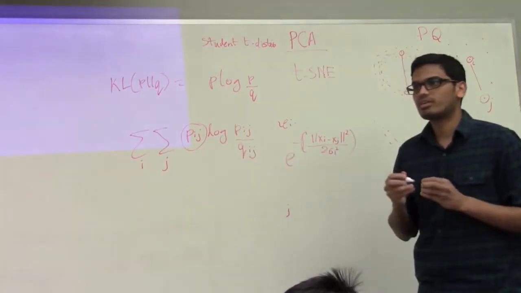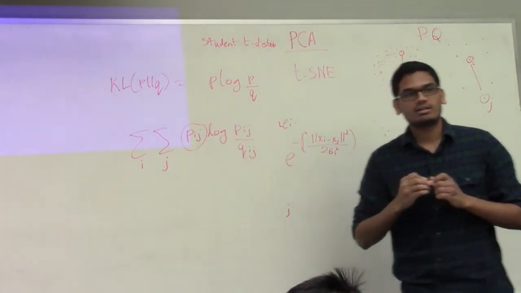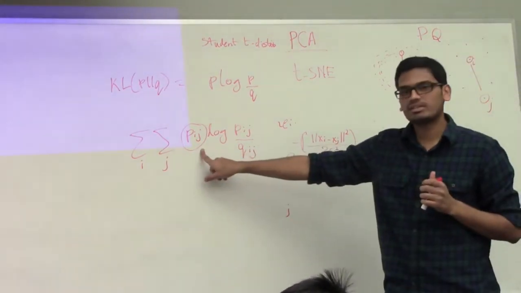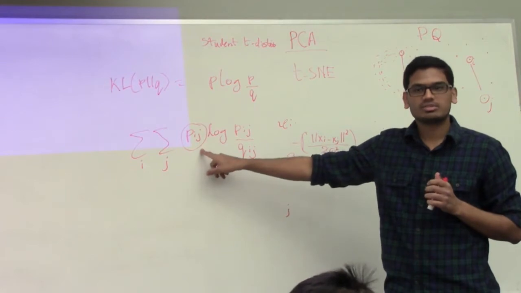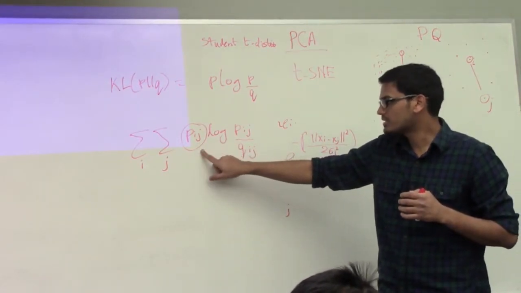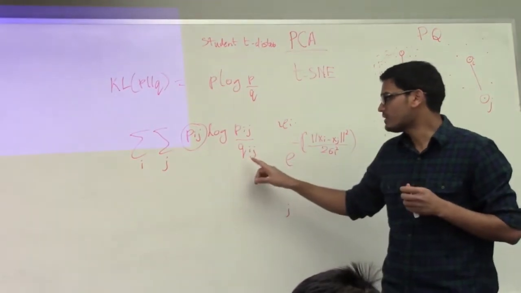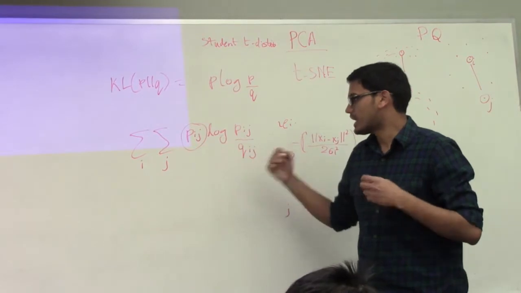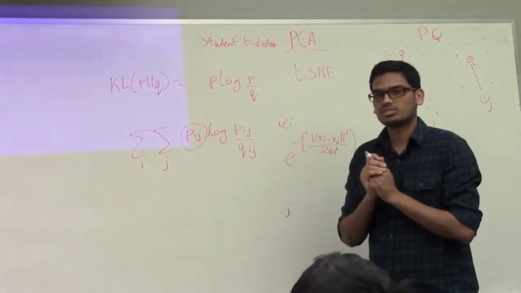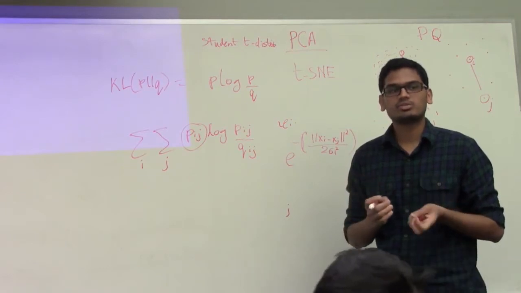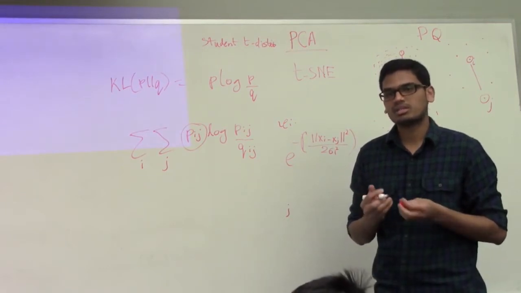So basically, if in high dimensional space the 2 points were very close to each other, this value would be very large, right? Because it's the probability. And if Pij is large in high dimension, which means the 2 points are very close to each other, you would want those 2 points to be very close to each other in the low dimensional embedding as well.